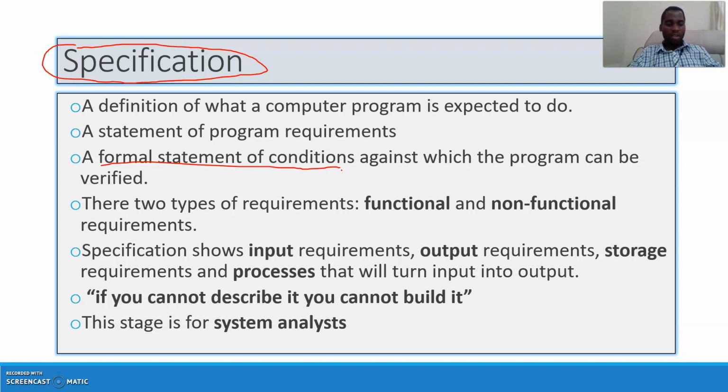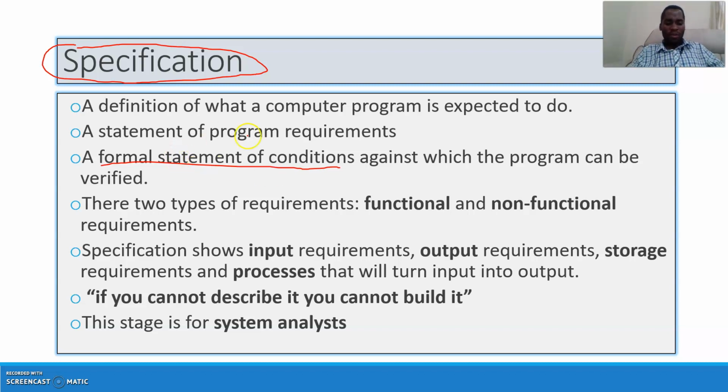So in general, specification is a requirement phase. It's a phase where you collect the requirements and you put them in a document that we call a specification document that actually details every feature the program is going to have and the other features that may not necessarily be functional.